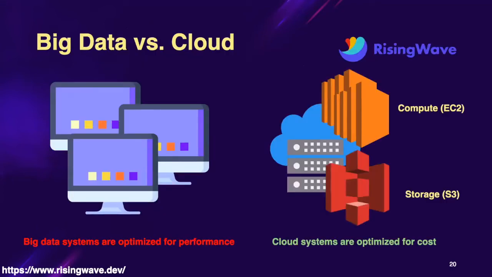One of the key differences between big data and the cloud era is that in the big data era, people usually just buy a lot of hardware and assemble a fixed cluster, right? So the resources are fixed. So what people want to do is squeeze all the performance out of this fixed amount of resources, right?